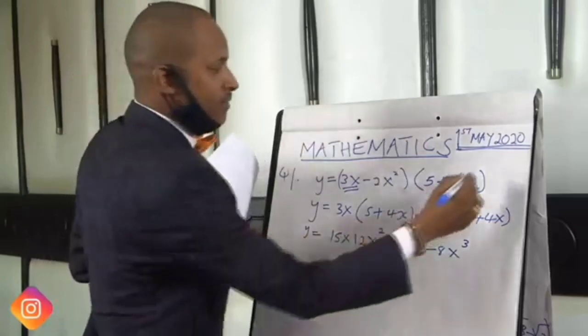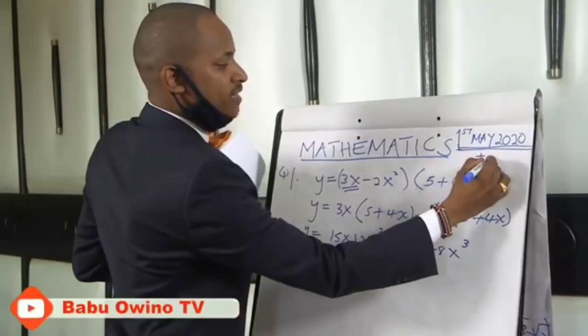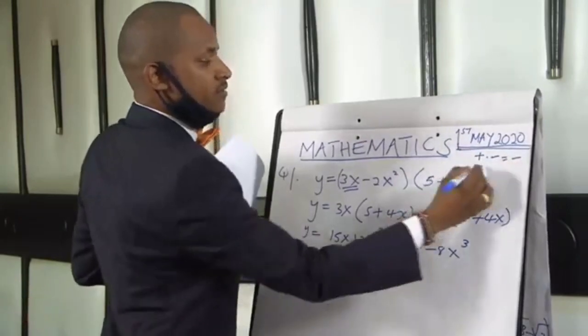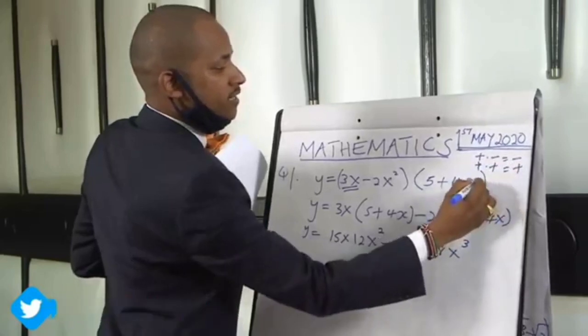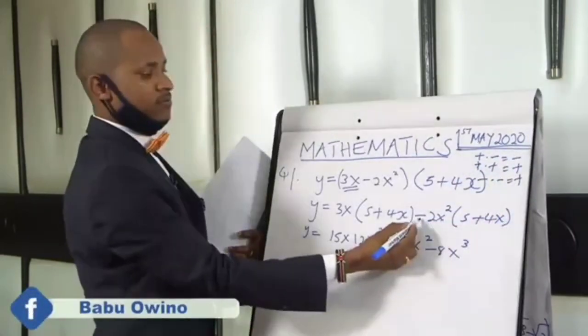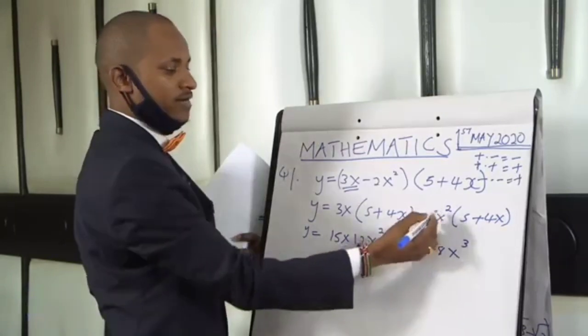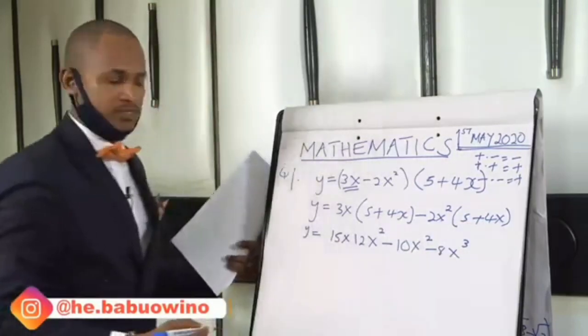Now there's a fundamental rule that you just note. When you have positive multiplied by negative, you get negative. Positive multiplied by positive, you get positive. Then negative multiplied by negative, you get positive. That's why when we have minus 2x squared times plus 4x, you get minus 8x cubed.